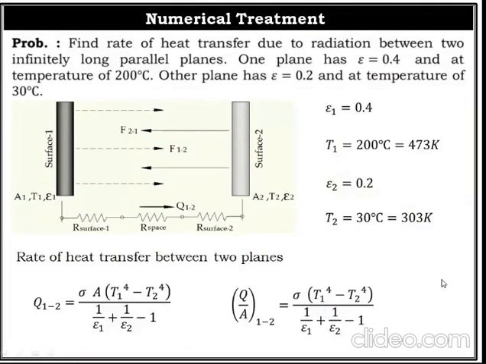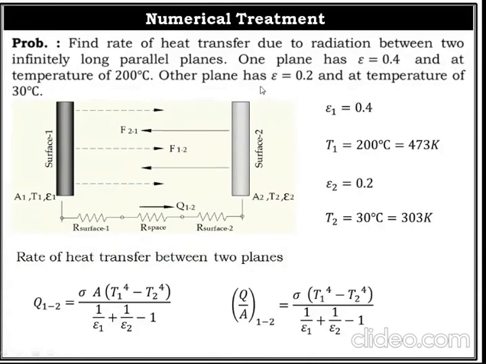Now the one numerical on this topic, this will be our last portion for today's lecture. The statement is: find the rate of heat transfer due to radiation between two infinitely long parallel planes. One plane has emissivity 0.4 and is at a temperature of 200 degrees centigrade.